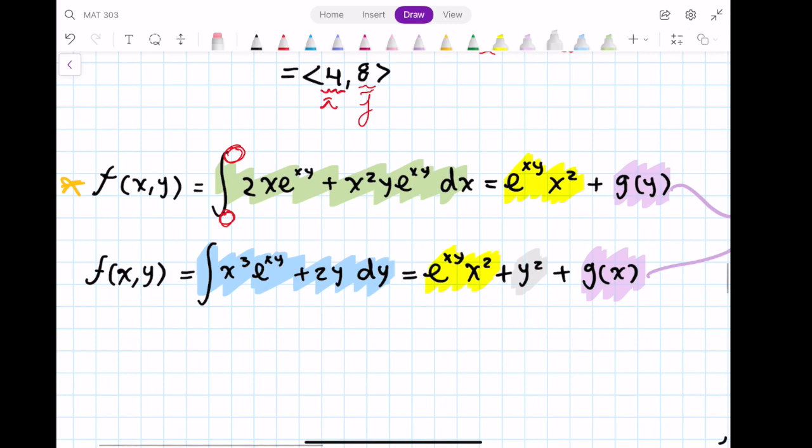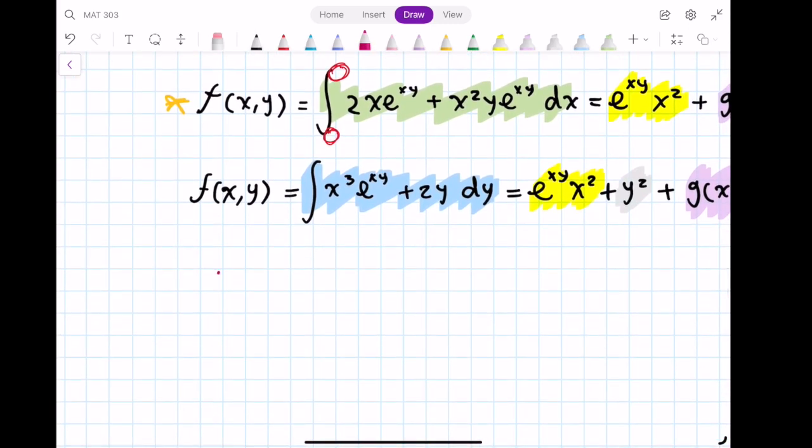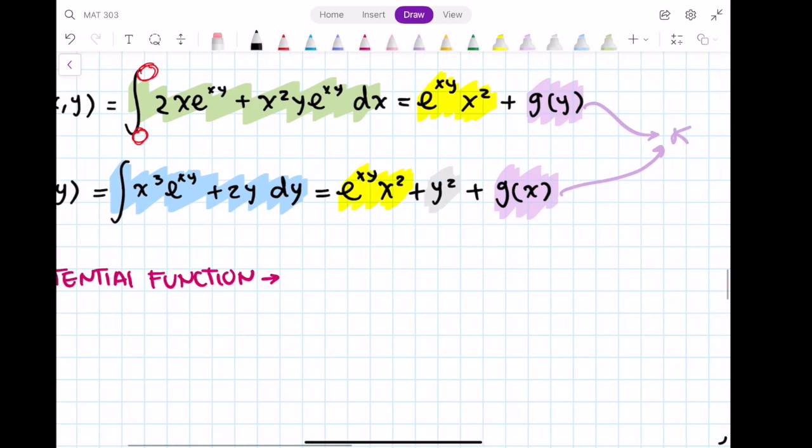So we can say that our potential function is equal to x squared.